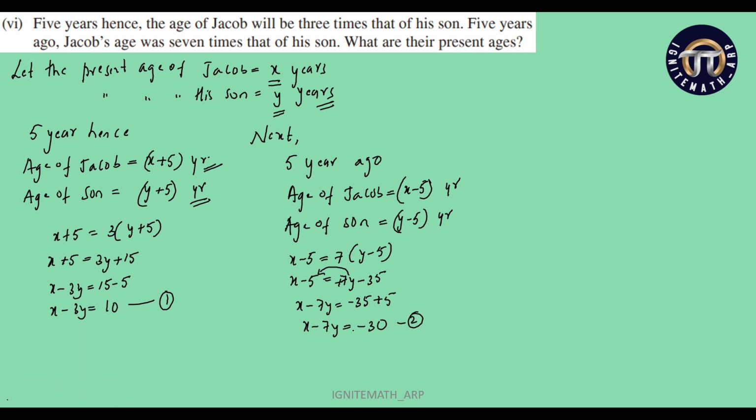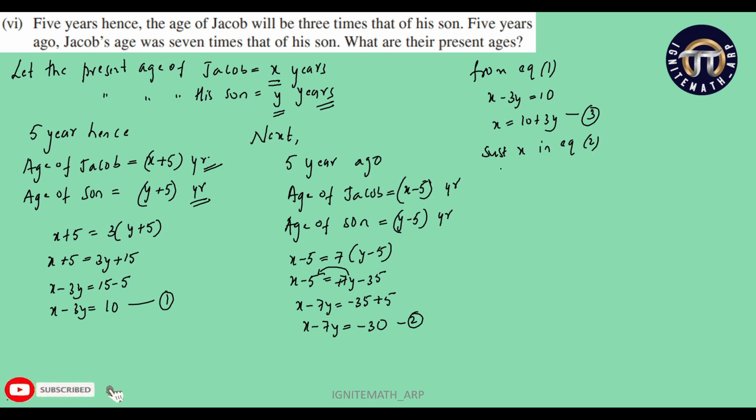Clear, children? Okay. So now from equation 1, x minus 3y is equal to 10, x is equal to 10 plus 3y. I'm going to call this equation 3. So substitute x in equation 2. Clear? x, I will substitute as 10 plus 3y.